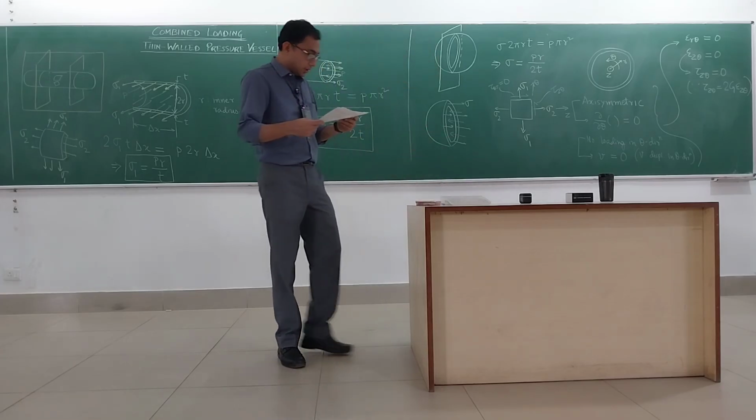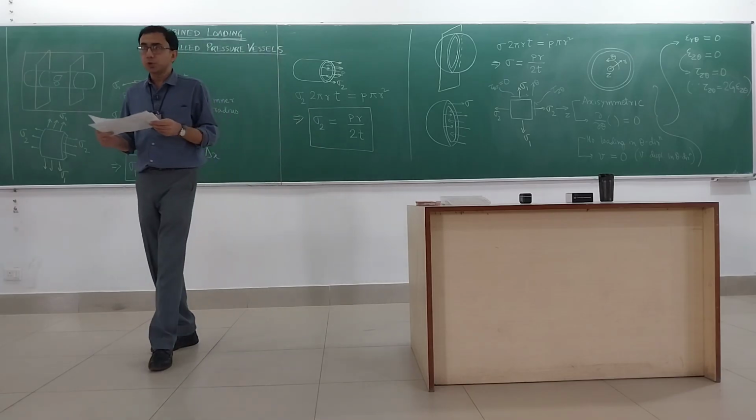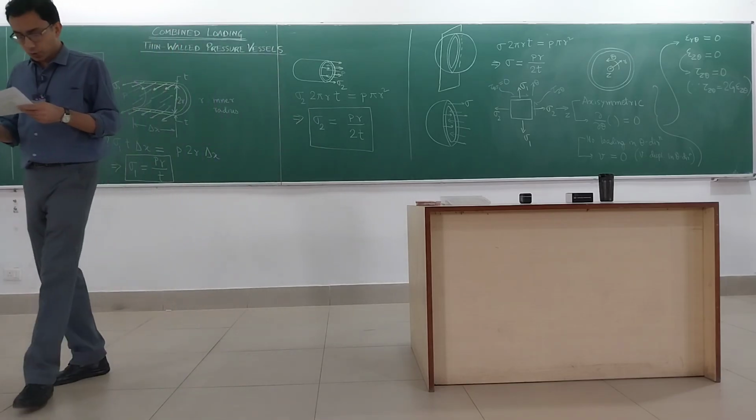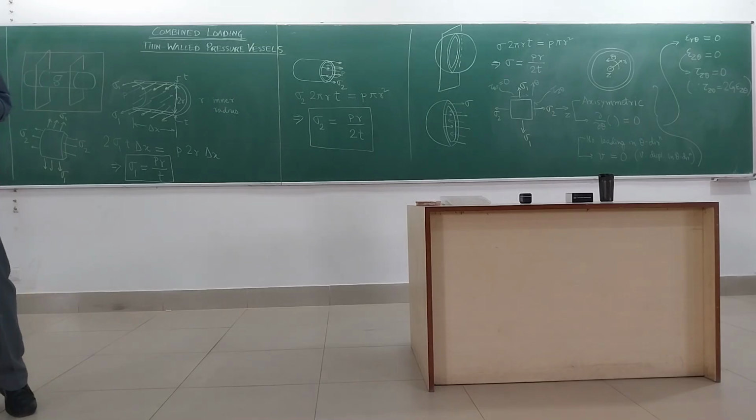All of you, please take a look at this last question. I don't want you to do this problem, but I want you to look at the expression here. Question number 14. Different expressions of the strains are given in the r theta coordinate system, not the r theta z coordinate system. These are the polar coordinate systems.